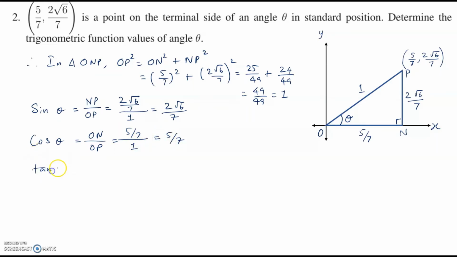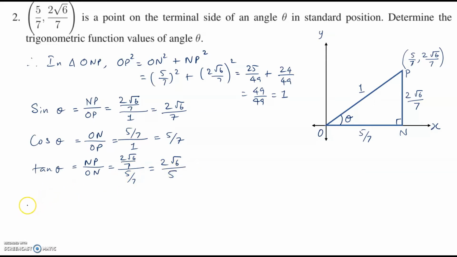Then our tan theta is equal to the opposite side by adjacent side. So, that will be NP divided by ON, which is 2 root 6 by 7 divided by 5 by 7. Our 7 and 7 will get cancelled. So, the answer will be 2 root 6 by 5.